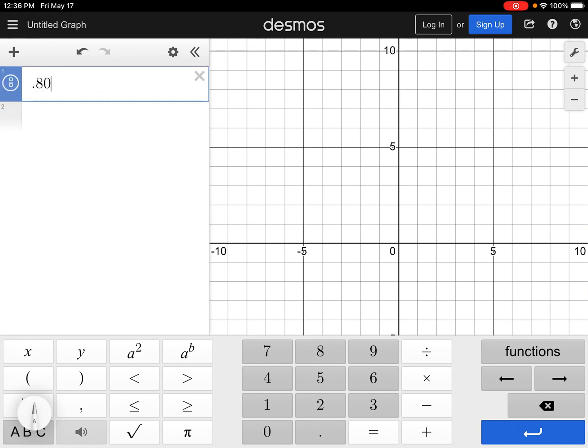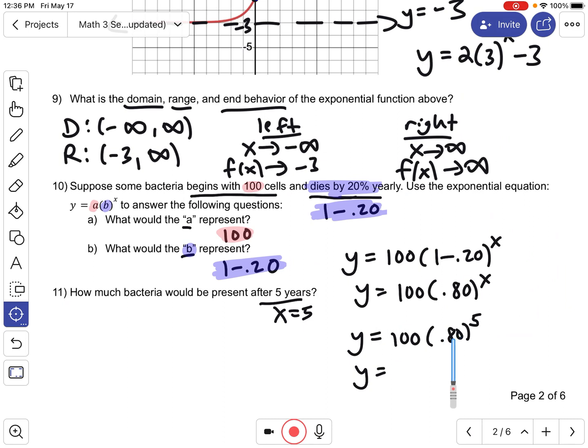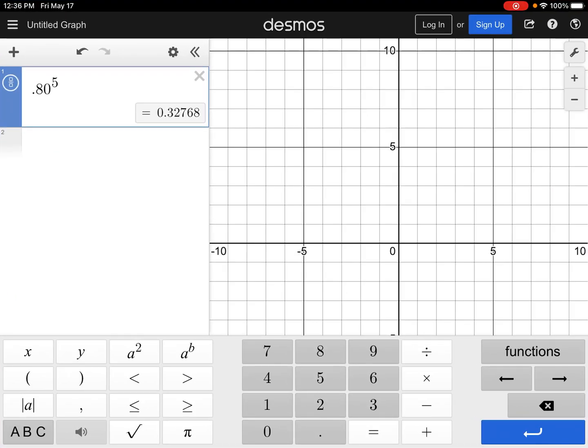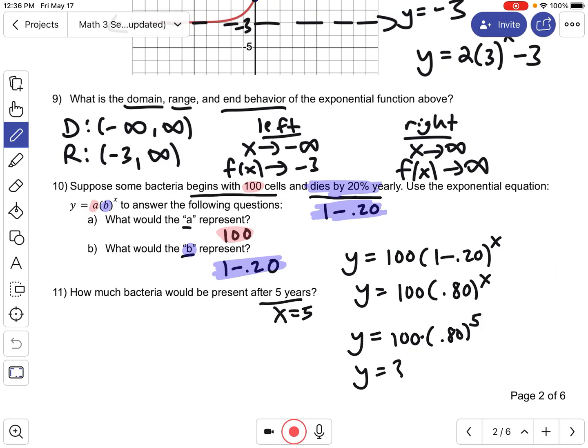So 0.80 raised to the 5th power is that, and then the next thing we'd do is multiply it by 100, since this 100 is touching the parenthesis. And that's 32.768. So how much bacteria? Well, it'll be this much, 32 and a little bit more than that.